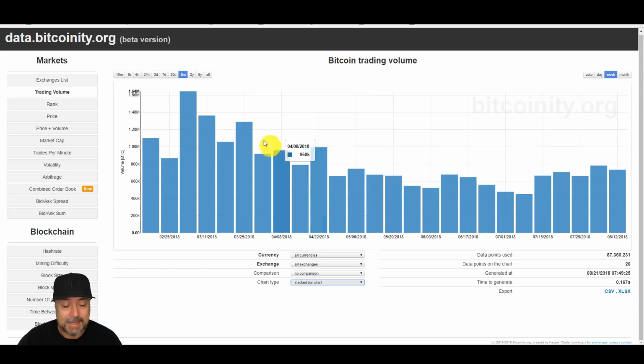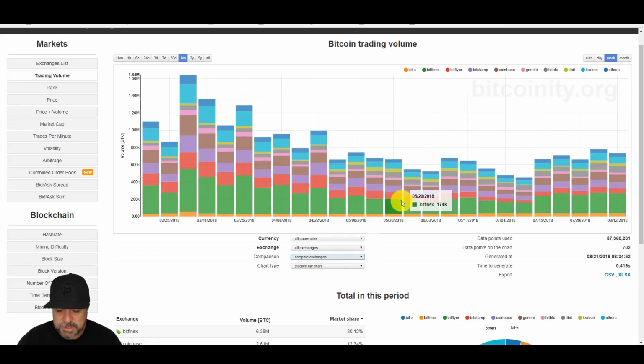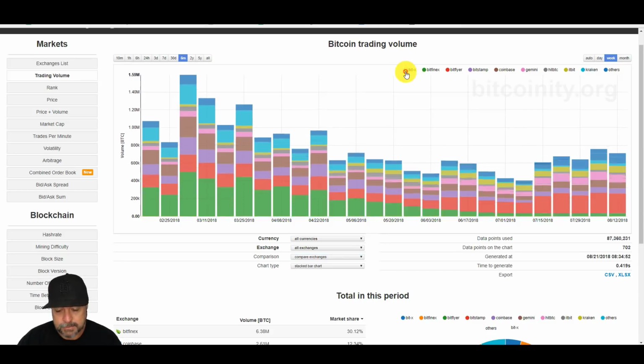Again, it's data.bitcoinity.org, and there are different things you can do. You can do a stacked bar chart or a group bar chart. Stack's cool. You can do comparison or no comparison. Comparison means you're going to compare the exchanges, so it'll break out all the different exchanges. You could exclude an exchange. So let's say you don't like BitMEX for whatever reason.